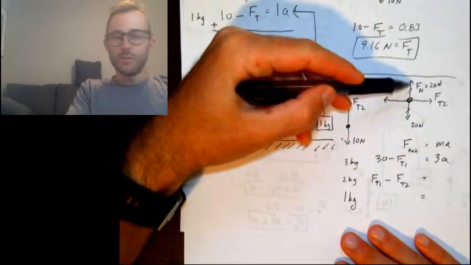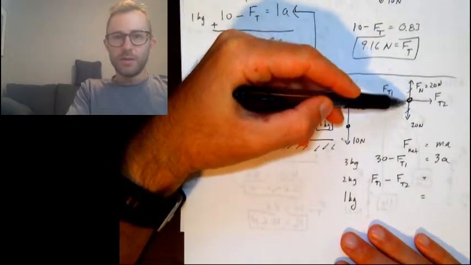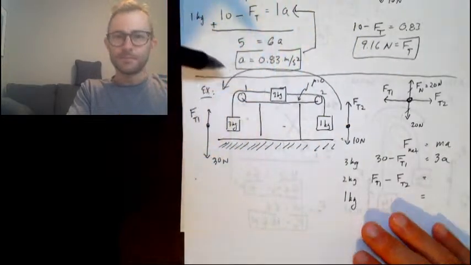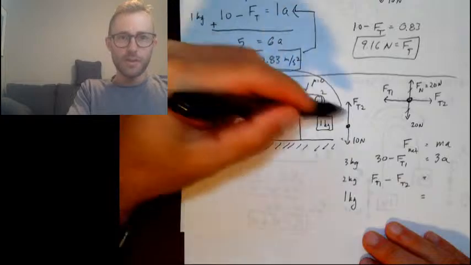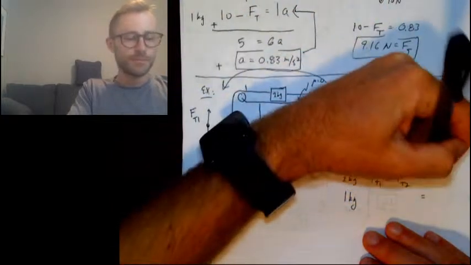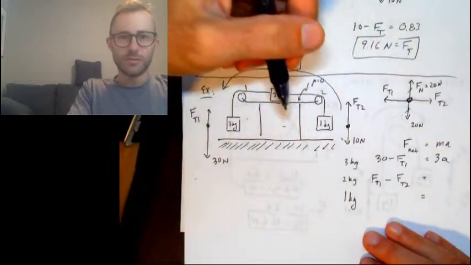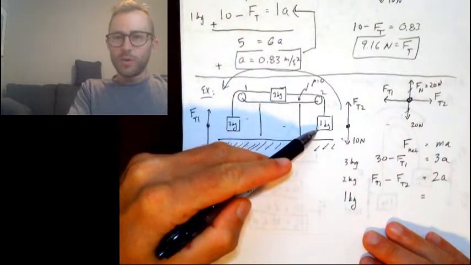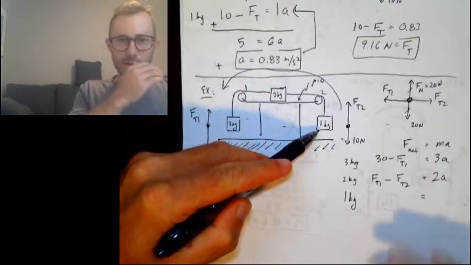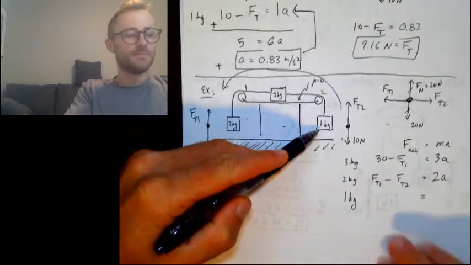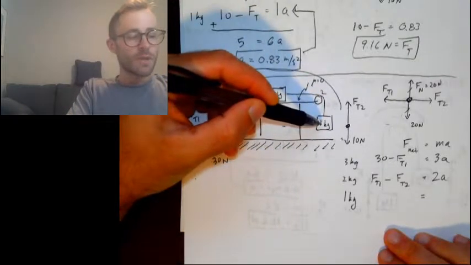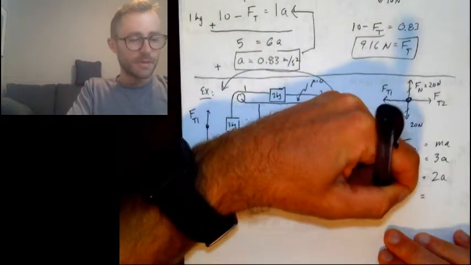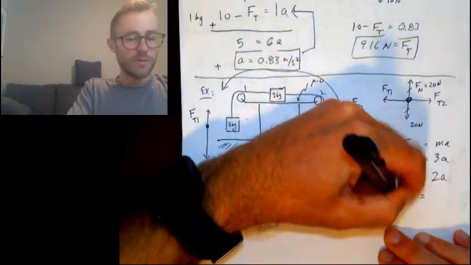Keep in mind that normal force and weight play no role in this problem because the 2 kilogram mass moves left and right. So these two subtracted equals 2a. For the 1 kilogram mass, it has tension pulling it up, tension from the second rope, and it has the 10 Newton weight force holding it back.